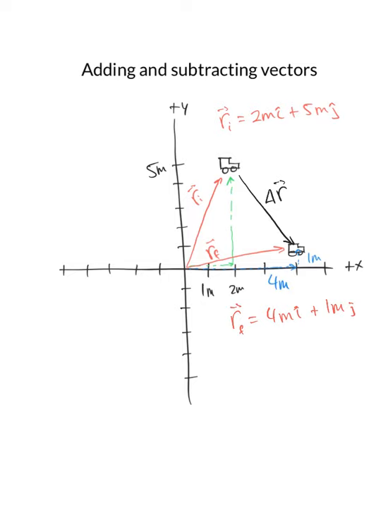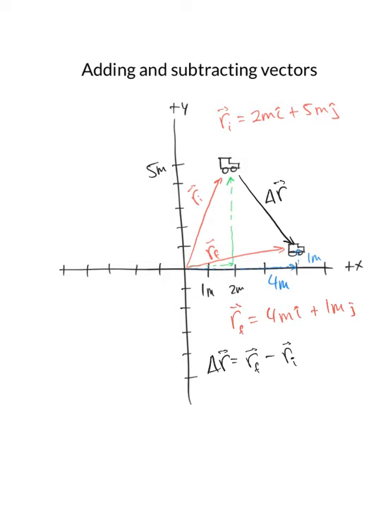And just like we have always done, we can write delta r as the final vector, r final, minus our initial vector. The thing we need to think about here is how can we find delta r when we are moving in both the x and the y direction?